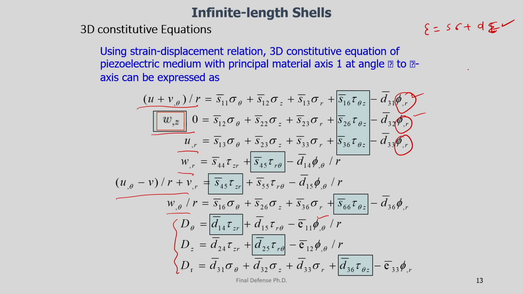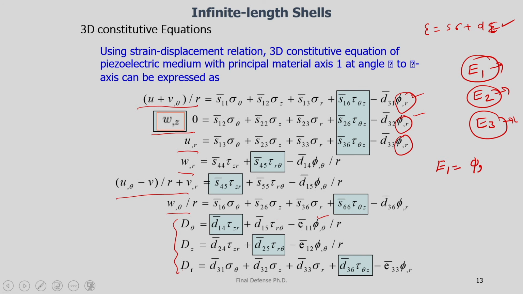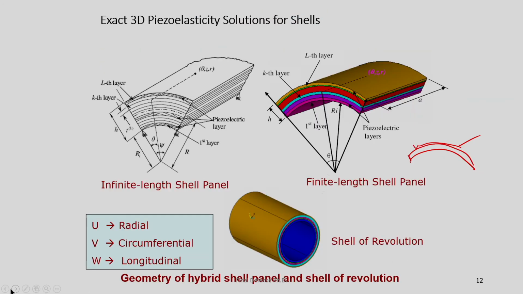Before that, it was E1, E2 and E3. E1 was the electrical field along one direction, E2 is the electrical field along the second direction, and E3 along the third direction. The directions are theta, z and r.